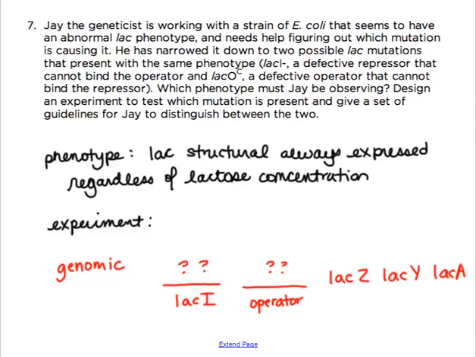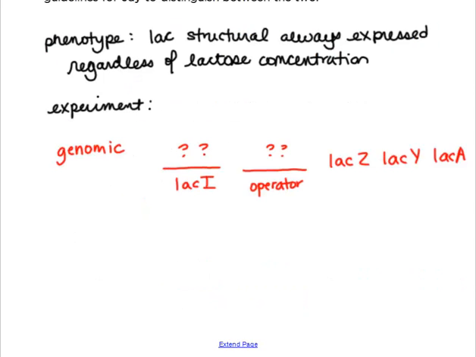So what we're going to do in this genomic copy is mutate the LAC-Z so that it no longer makes a functional product. Okay? So let's just assume that he has all these techniques that we need at his disposal. So the first thing in our experiment, we're going to mutate the genomic copy of LAC-Z.